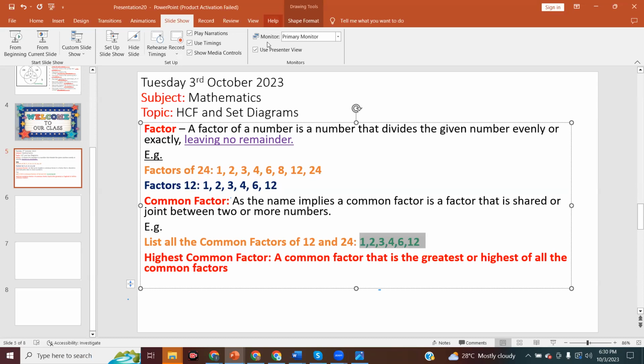Okay, so you have to be careful. That's why I talk about common factors first. It has to be a common factor before you can even talk about highest common factor. So a common factor that is the greatest or highest of all the common factors, which means that there is no other common factor that is greater than it.